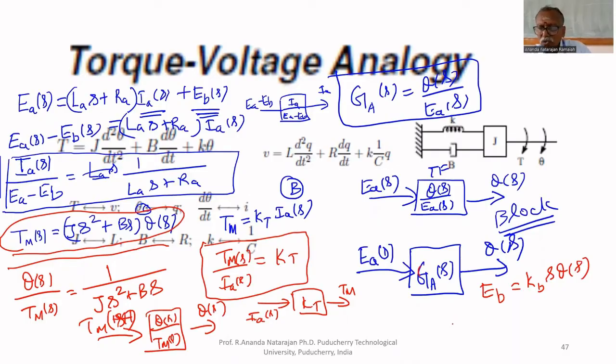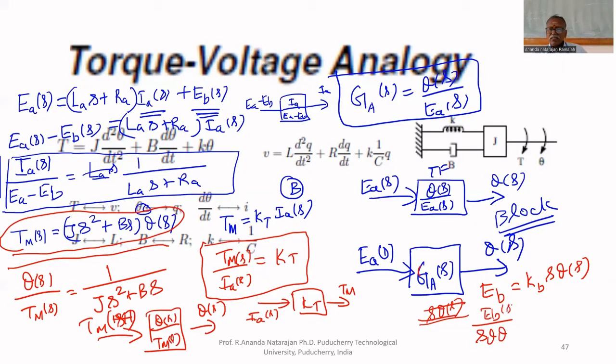Therefore, what is the output? Output is EB of S. Input is S theta of S. I am deliberately including that S, I'll tell later.